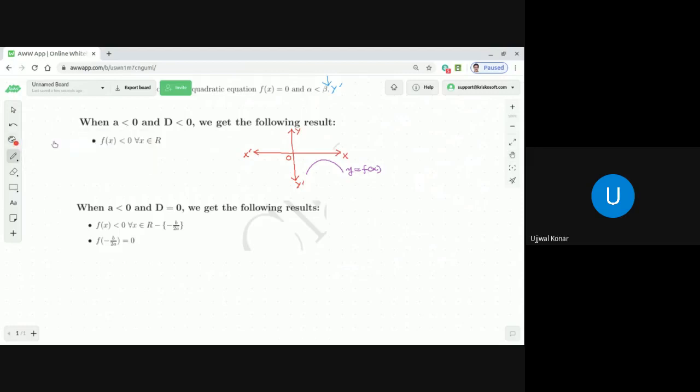So let me first draw the coordinate axis. And the curve will be something like this.